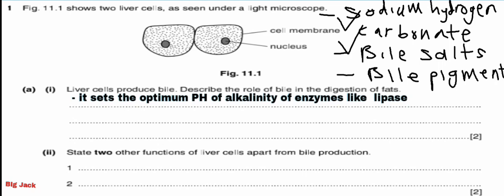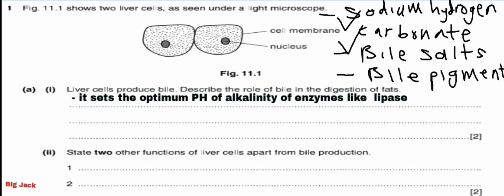Then when it comes to the bile salts, they emulsify fats. When you say emulsify fats, by definition, emulsification is just the breaking down of large droplets of fats into smaller droplets. That's the definition for emulsification.